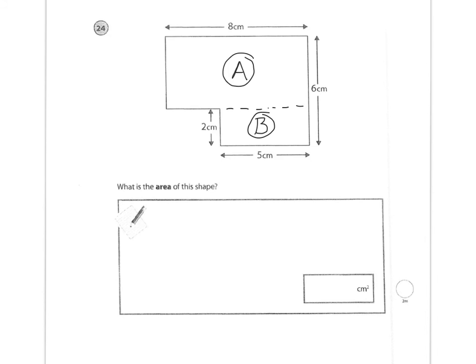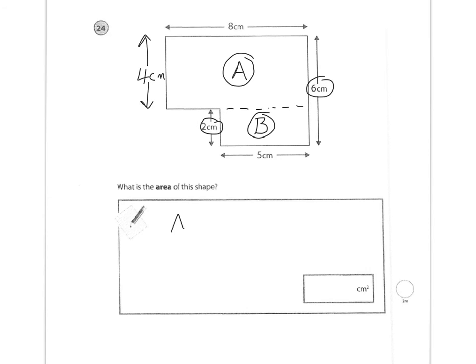Now, in rectangle B, I actually have the length and the width of that shape. But in rectangle A, what I have is the length of the top side, but I don't have this smaller width. So what I can do is I can use the 6 and the 2 that are already on the shape, and that tells me that the missing number is going to be a 4, because 4 and 2 centimeters make the 6 centimeters, which is the full height.